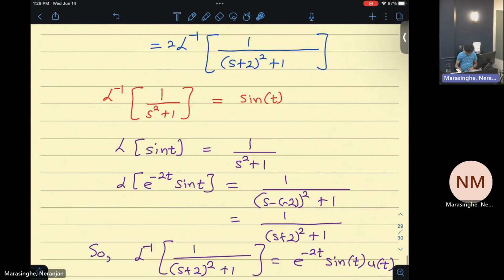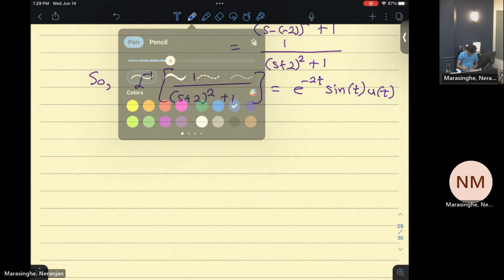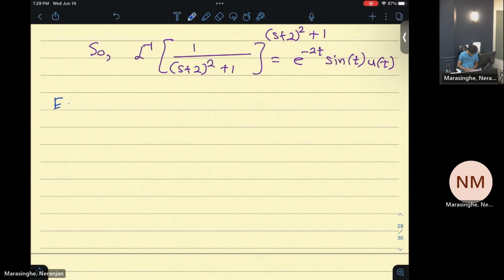Let's move into another example. Find the inverse Laplace transform of 2 divided by s square plus 4s plus 5.